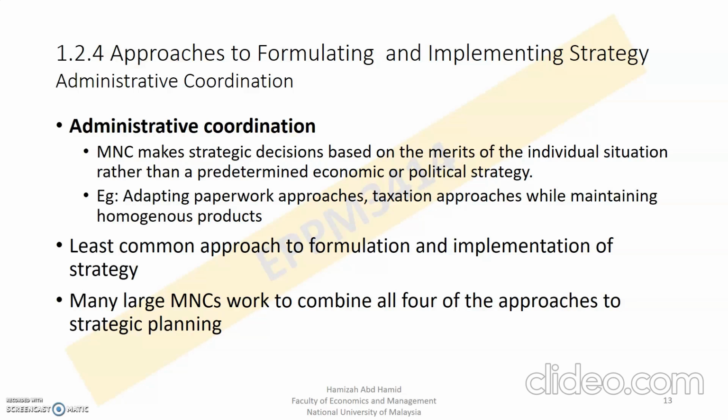The tasks in administrative coordination involve adapting paperwork approach and taxation approach, while maintaining a homogeneous product. However, this is one of the least common approaches to formulation and implementation of strategy, because many large multinational companies combine all four of the approaches to strategic planning.